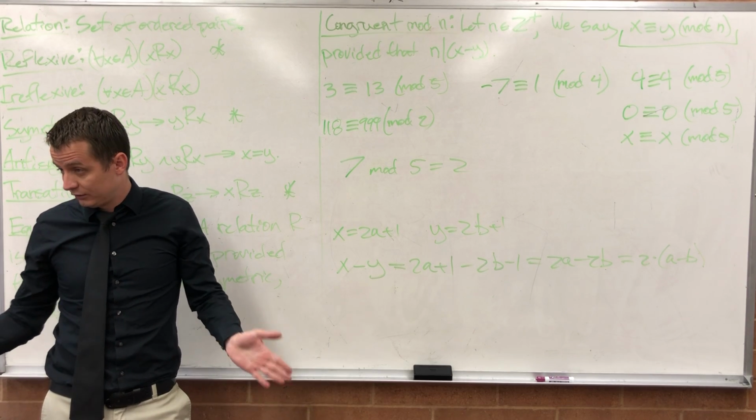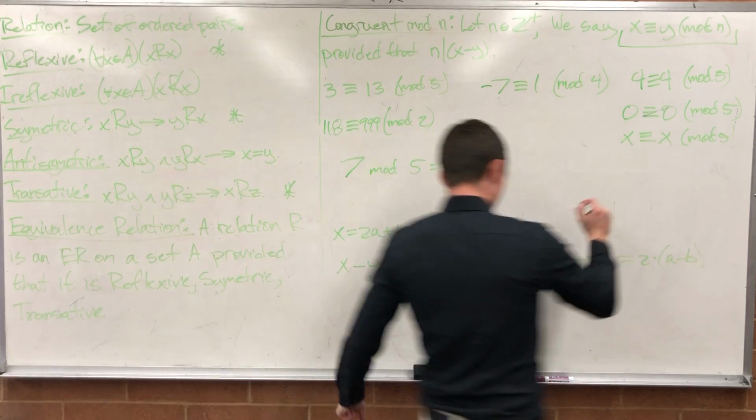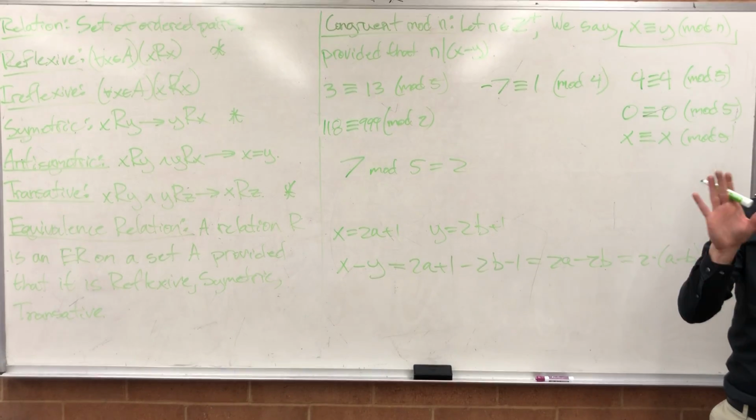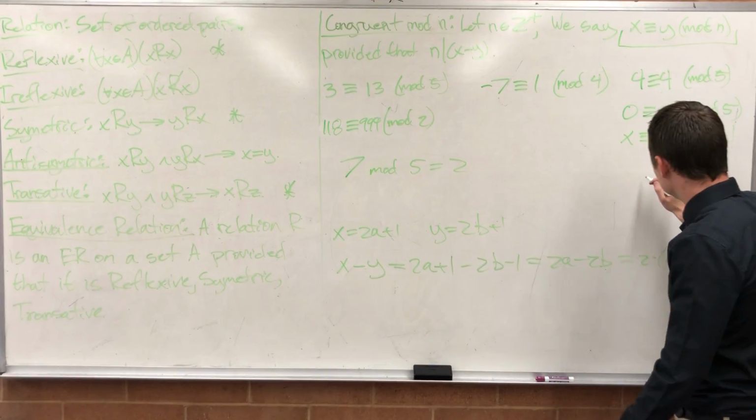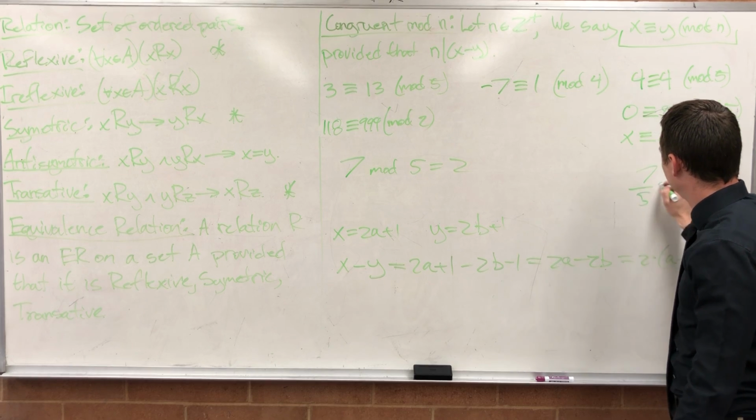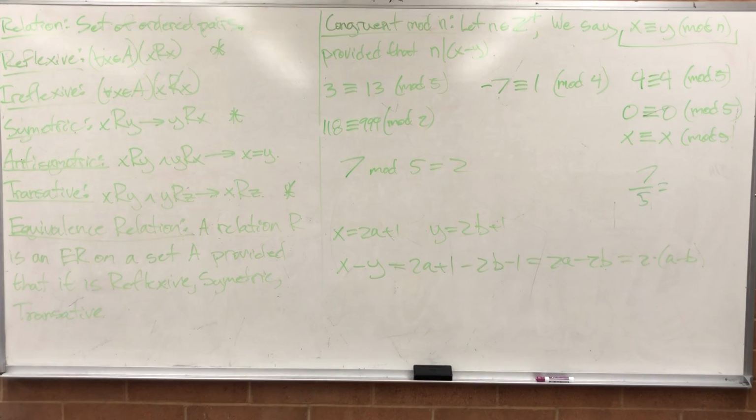So you still just have the integers. Think about doing division the way that you're used to. If I say what's 7 divided by 5, what's the answer? It's 1 2/5. You want to introduce rational numbers into this. What if I just want to stay in the integers and I don't want to introduce rational numbers?